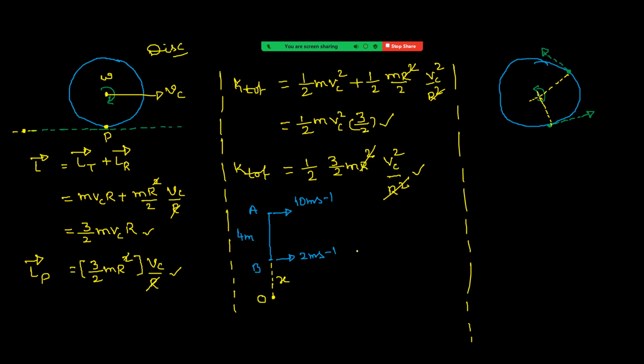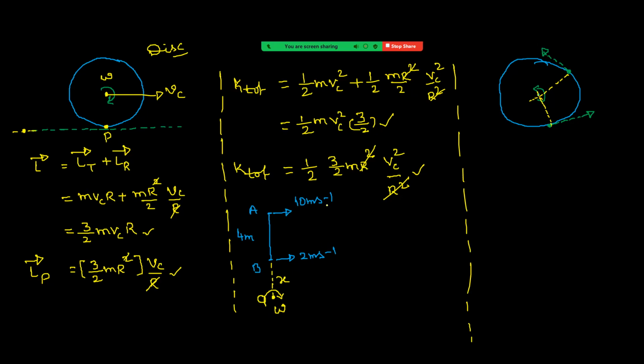Then see what we are doing. According to the direction of velocity, we can say that this rotation is clockwise, right? About this axis, clockwise. So take it as omega clockwise like this.